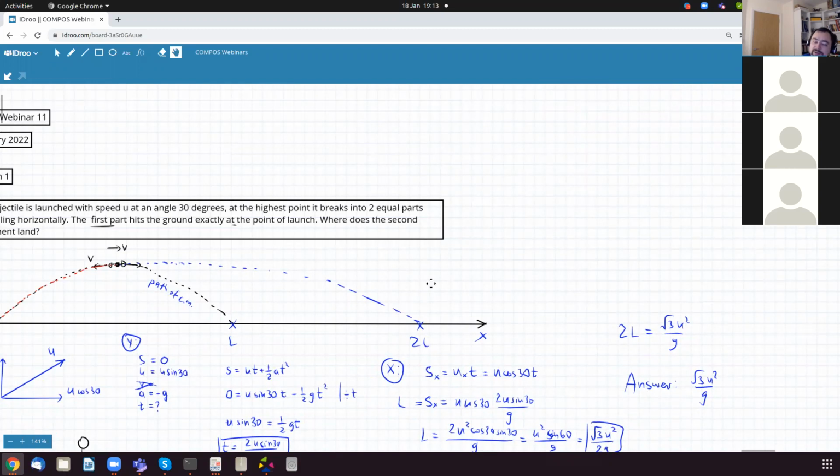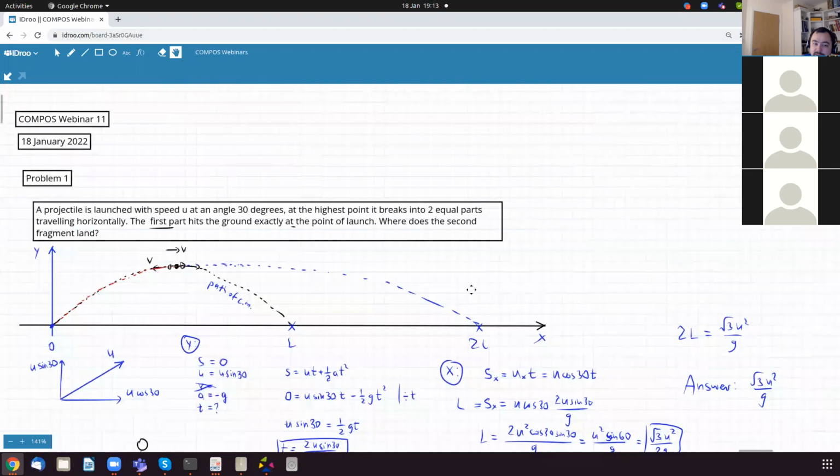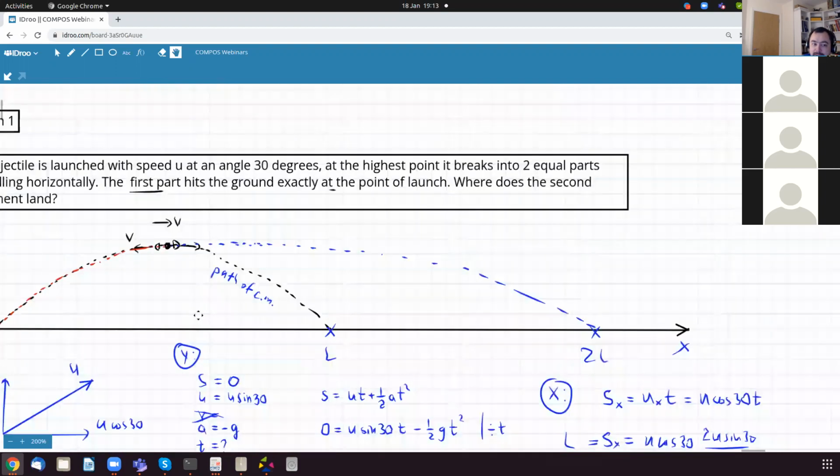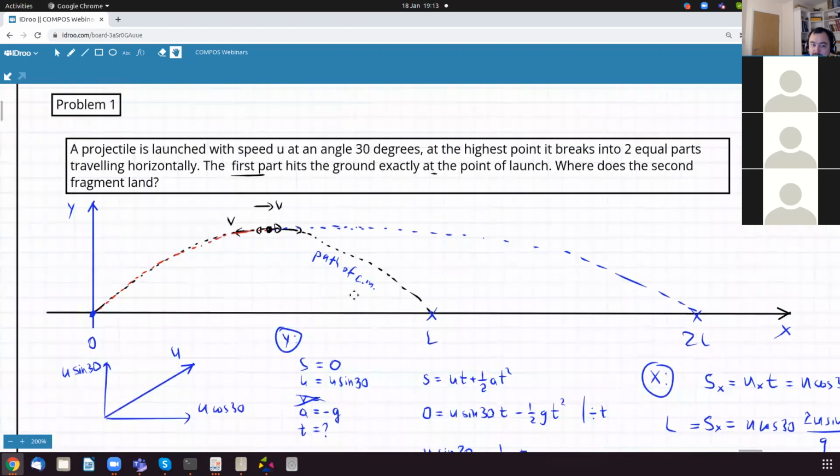Was that the question, or is it just a comment to the first question? I was just wondering whether you could do the first question using momentum, because I thought the only external force is gravity, isn't it? So then you could say that the only change in momentum would be due to gravity.